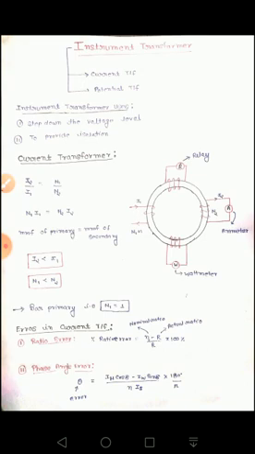The measuring circuit is not isolated electrically from the power circuit. So the solution is to step down these currents and voltages with the help of instrument transformer so that they could be metered with the instruments of moderate size.